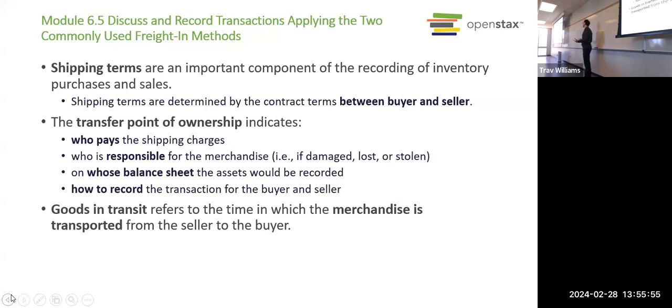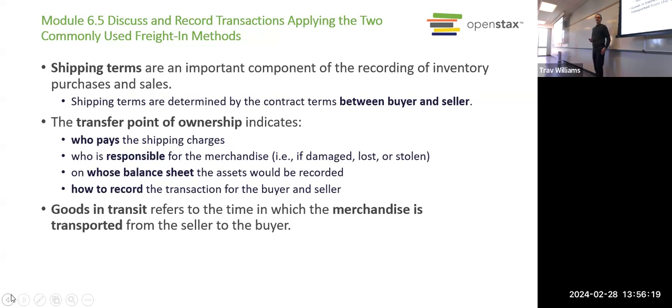There's also the insurance question. If you own it, you better have it insured, because what if it gets lost or stolen while it's in transit? If you don't have insurance, you're basically out whatever that money is. The shipping company that's doing the delivery might offer some insurance on it, but not necessarily.